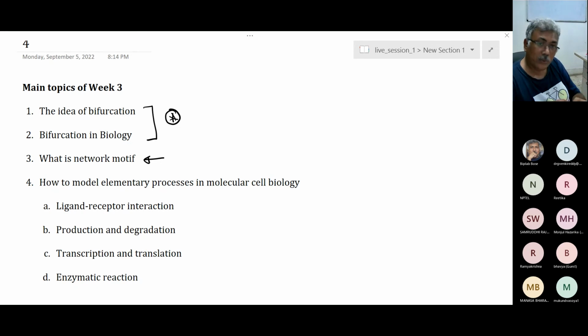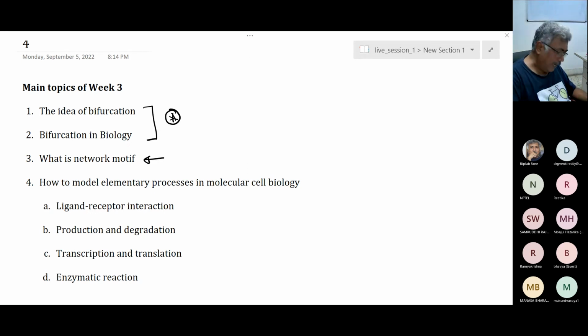For a diode, you know what will be its input-output behavior. For a resistance, you know what will be its input-output behavior. For a transformer, you know what will be its input-output behavior. So the question is, can I break down a large biochemical pathway, which can be a metabolic pathway, a cell signaling pathway, or a transcriptional network, into components which will have their characteristic behavior?